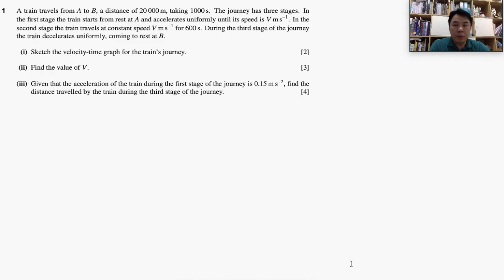Now, before we start with any mechanics questions, it's always best to recap some of the fundamentals that we need for this topic, kinematics. Kinematics is all about motion, and in this topic the motion is restricted to a straight line.